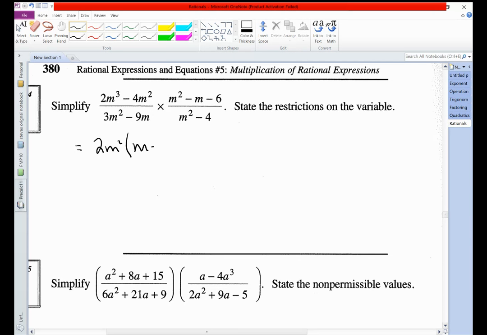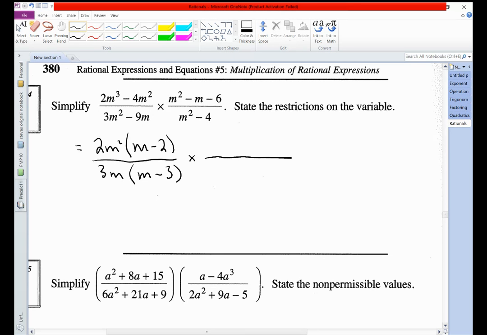And we're left with m minus 2. In the bottom, we can pull out 3m. And I'm left with m minus 3.